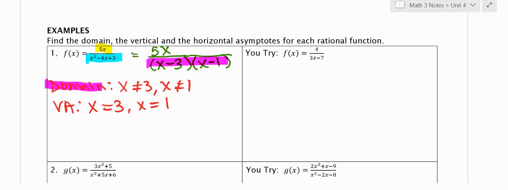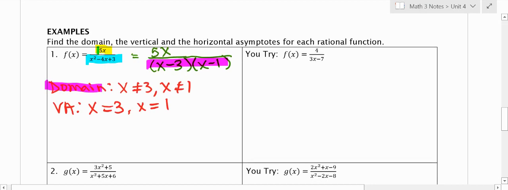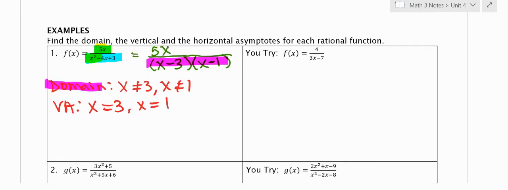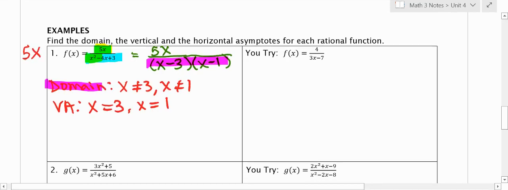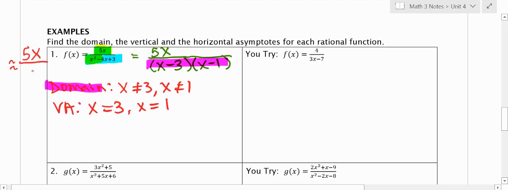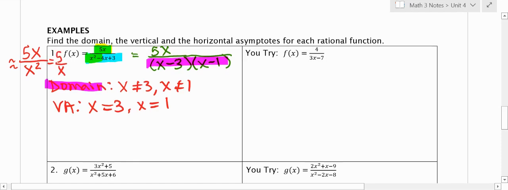And then the horizontal, that's the one that's new, right? I don't have to necessarily use just the 5x. I'm really just looking at the top, where I have a 5x. On the bottom, the biggest degree is x squared. So I have 5x over x squared essentially, which is kind of like 5 over x. And so the degree on top is smaller than the degree on the bottom.